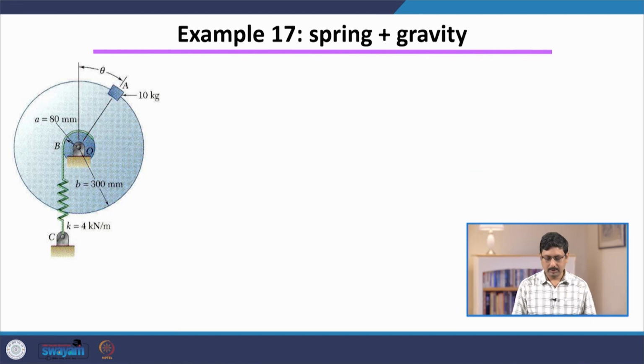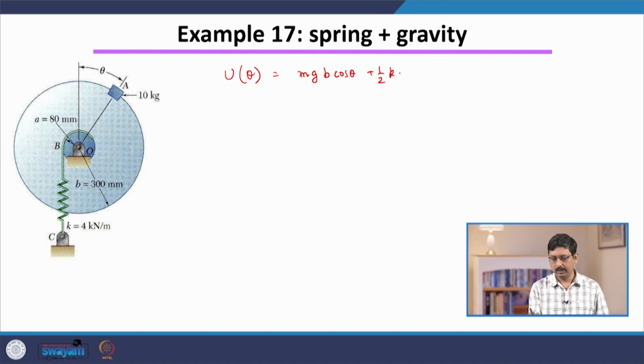Now, formally, since we have u as mgb cos theta plus, let us write it in general terms, half k a square theta square.